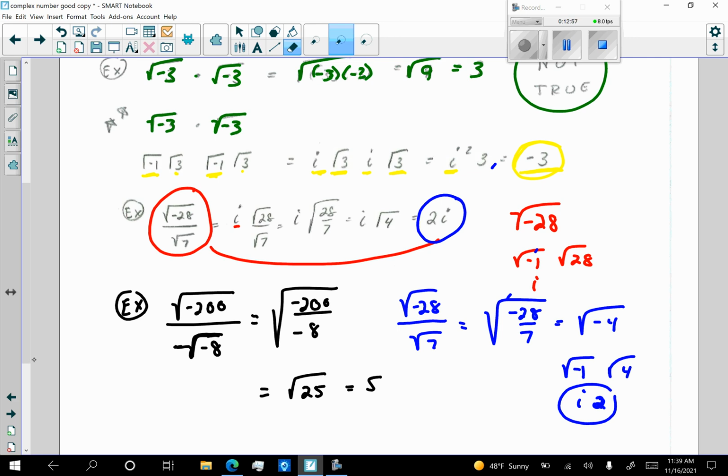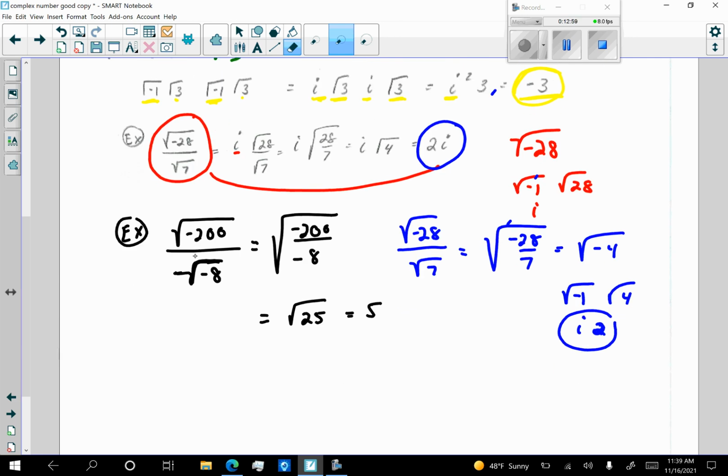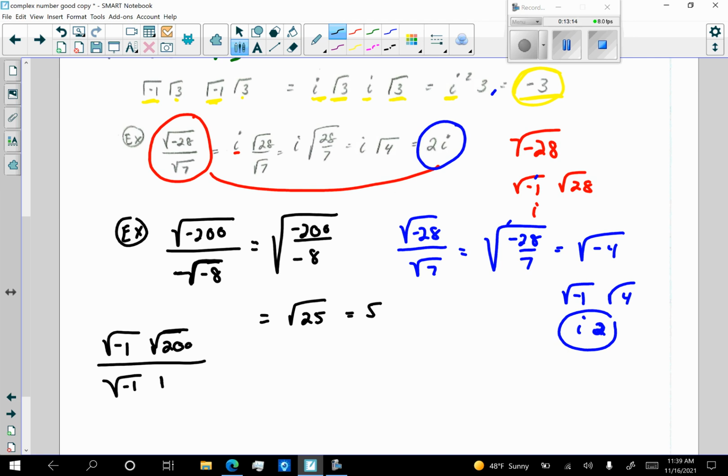So let's try that. I better pull the square root of negative 1 out. I better write this as square root of negative 1 times the square root of 200 over the square root of negative 1 times the square root of 8.